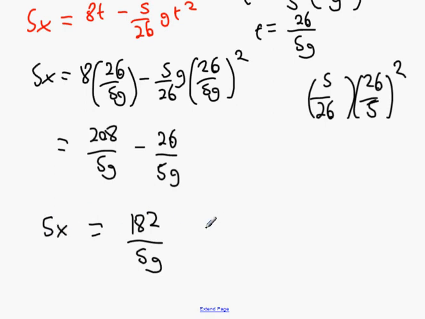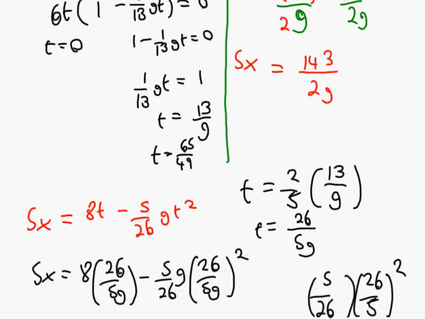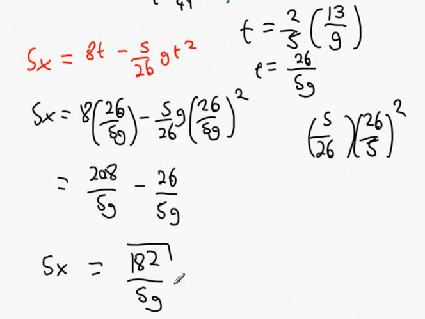Now, it wants us to show that it's this fraction of R, 28 over 55. So, if we put this distance divided by the range, it should give me the fraction that it is.